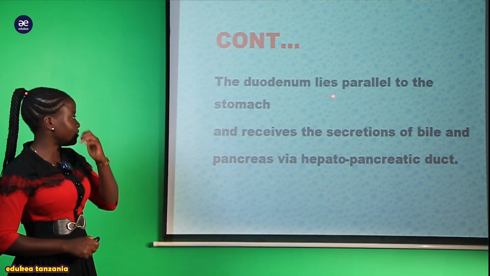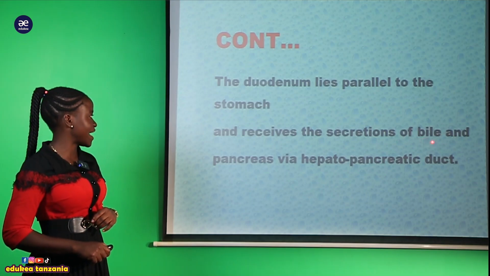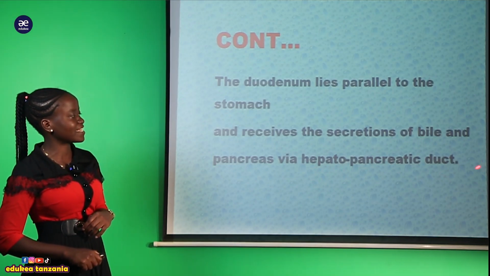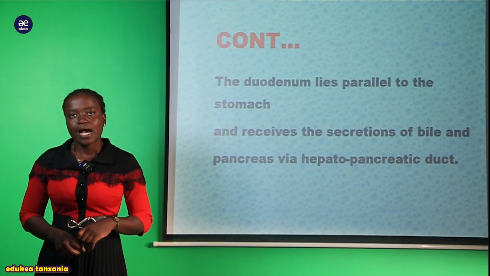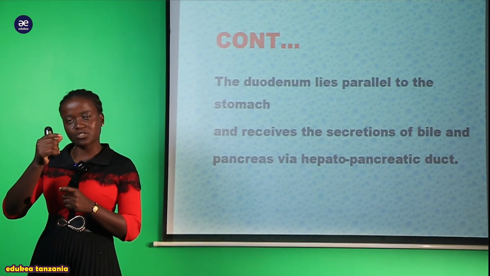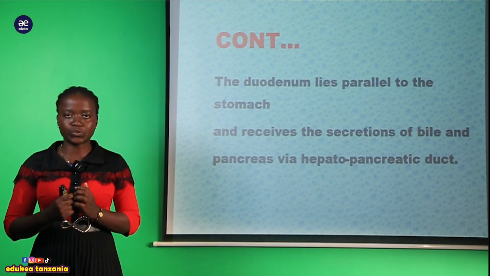So the duodenum lies parallel to the stomach and receives the secretion of the bile and pancreas via the hepatopancreatic duct. So hawa organism pia ukiachana na ile stomach, baada ya stomach kuna part nyingine inaitwa the duodenum.